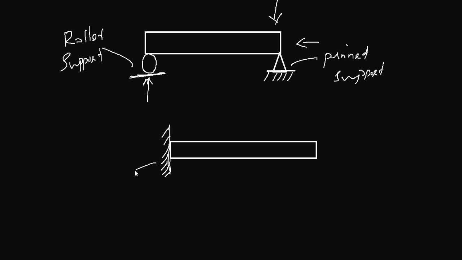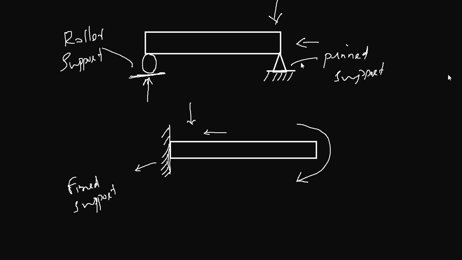This is called a fixed support. It can resist any forces, like this one it will resist, and this one it will resist. It will also resist a rotating force which creates the bending of the beam.